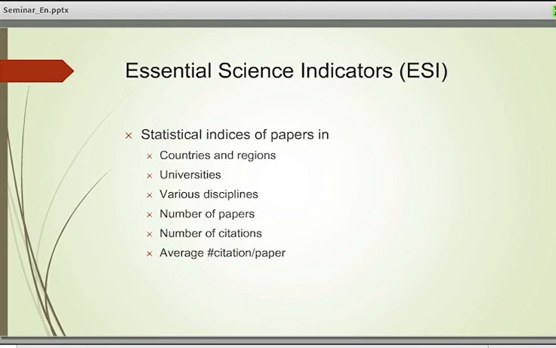And based on the ranking, we will decide whether it's a good one or not. They depend on the countries, the disciplines that they cover, the number of papers and citations, and the average number of citations per paper.